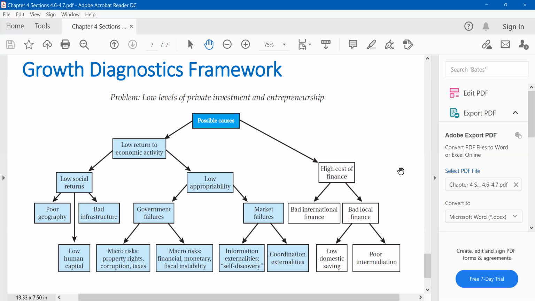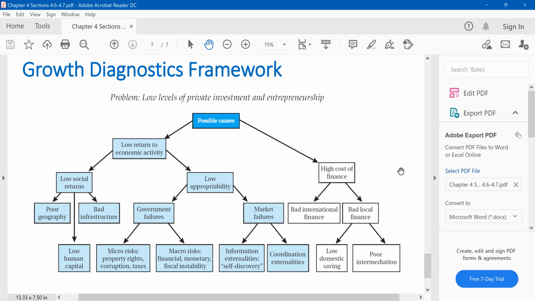Your after-tax profit, if it is close to zero, if it is not covering your sunk costs, then you may think again. So those are the type of micro government failures, right?